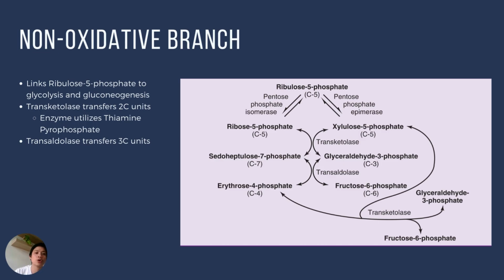So the 2 carbons from xylulose are transferred to ribose, and now ribose becomes 2 carbons longer. The aldehyde ribose, after receiving the 2 carbons, becomes a ketose in the form of sedoheptulose, which is 7 carbons long. But remember, it's already a ketone sugar.